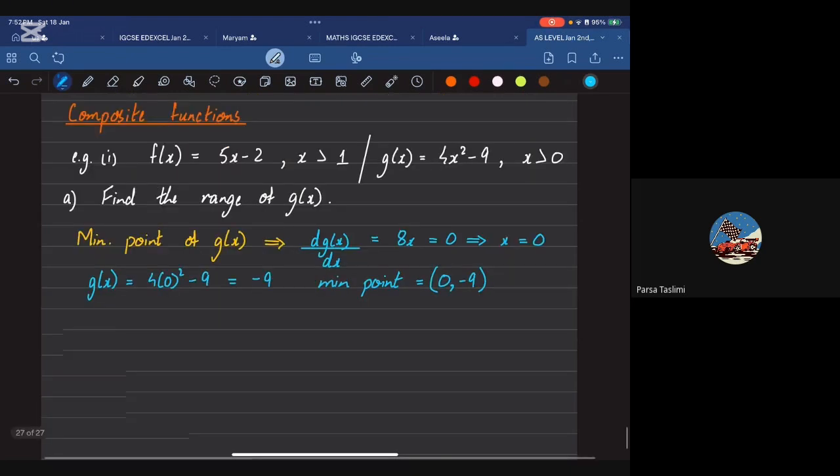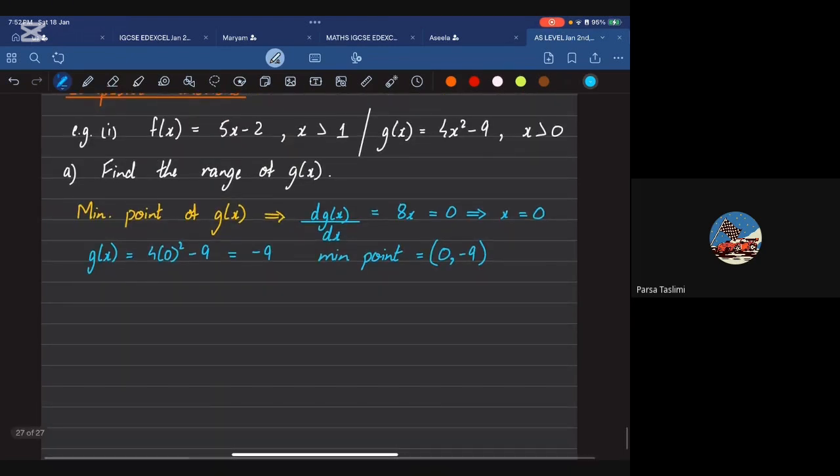Now, your minimum point, is it in your given domain? No, Parsa. Your minimum point is not in the given domain.